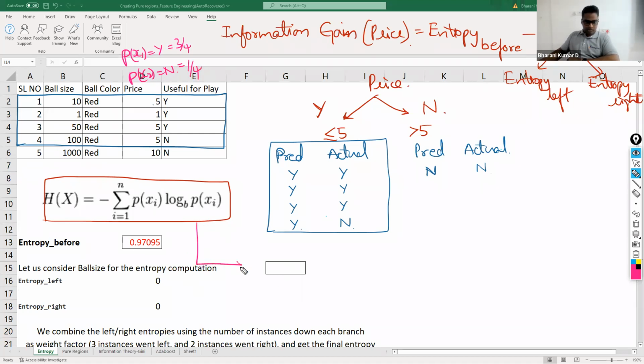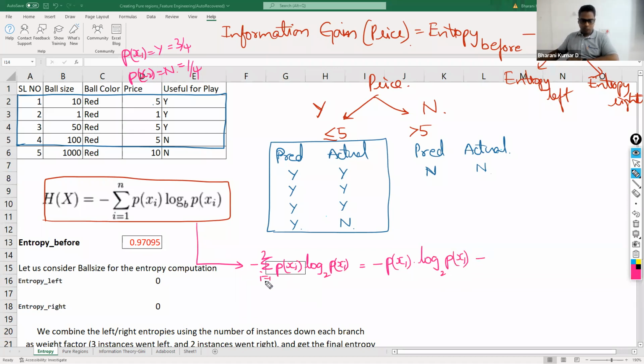So here, going by this entropy formula, since you have 2 classes, yes and no, you write this as minus summation of i equal to 1 to 2 probability of xi into log of probability of xi base 2. When you substitute i equal to 1, you get minus probability of x1 into log of probability of x1 base 2.